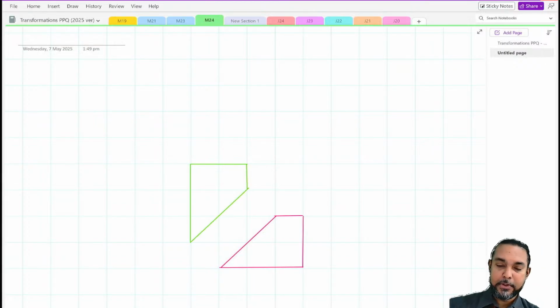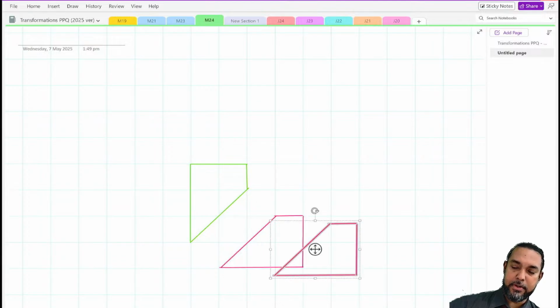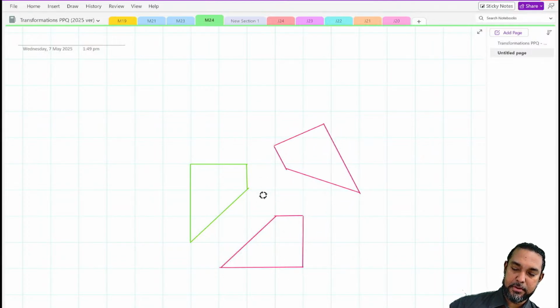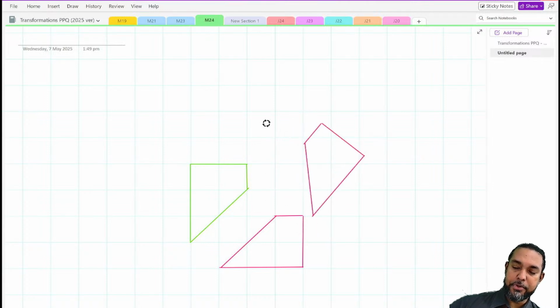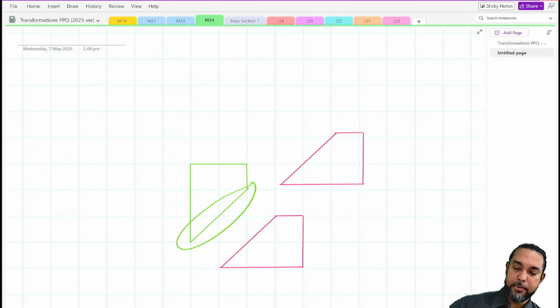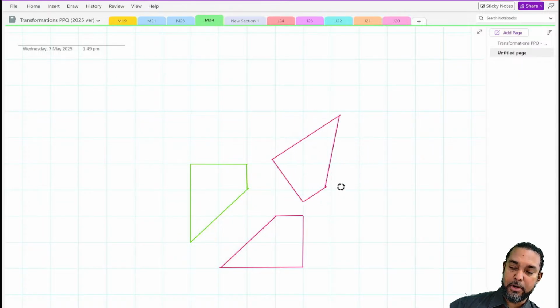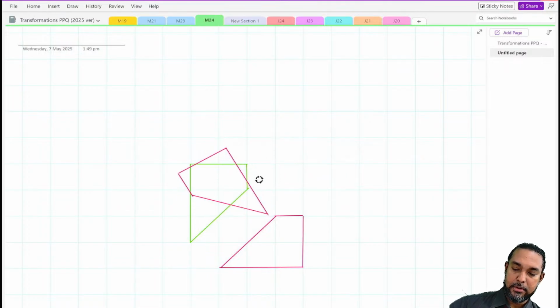Right. Okay, so check this, right? If we copy and paste that, if we were to rotate this, look at the diagonal, right? What we're trying to do is match up that diagonal. So with this diagonal here, I'm trying to see, okay, look, if it really is a rotation, can I rotate it somehow for it to match up exactly with what this is here?